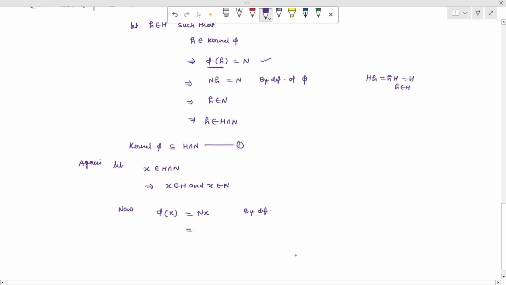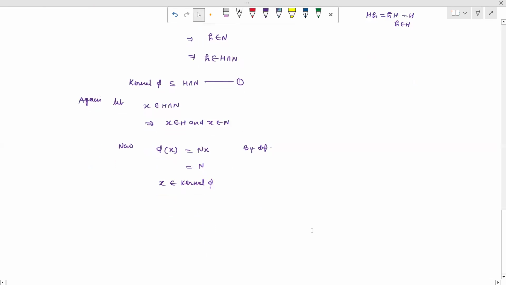This N x we can write as equal to N, so phi of x equal to N. It means x belongs to kernel phi, which we did earlier: phi of h equal to N. So this N x can be written as N, so x belongs to H and x belongs to N. So by definition again, we can write x belongs to kernel phi.